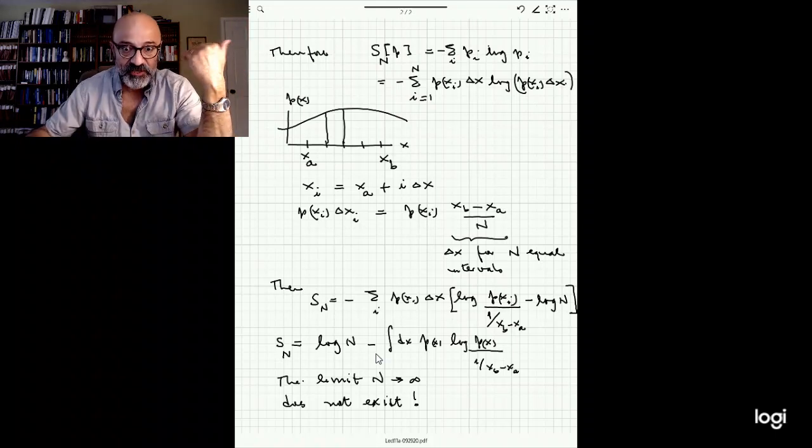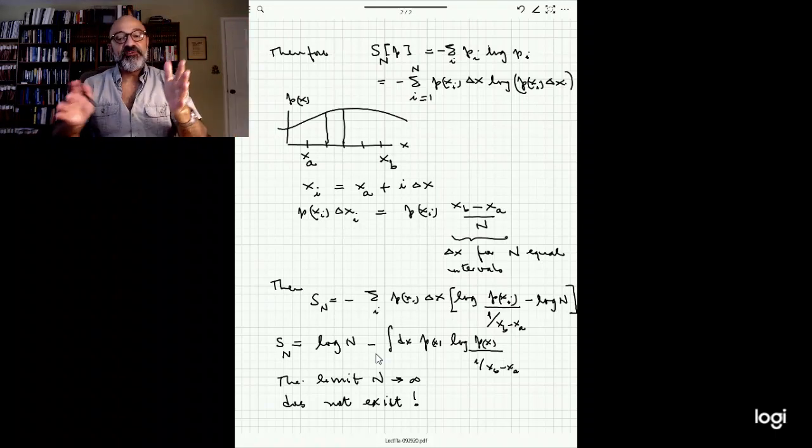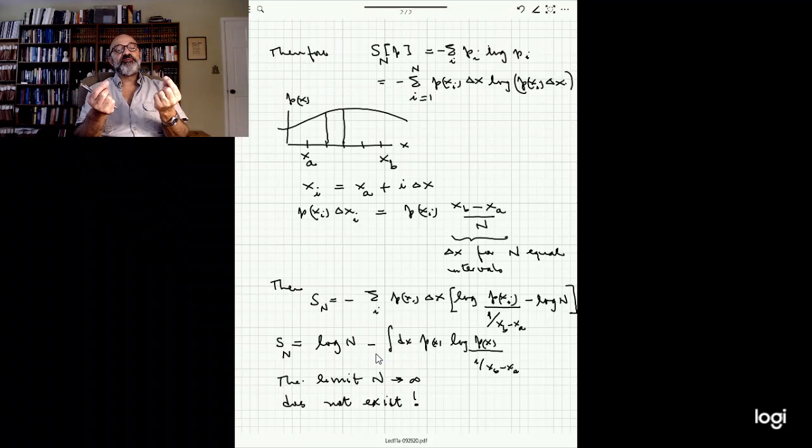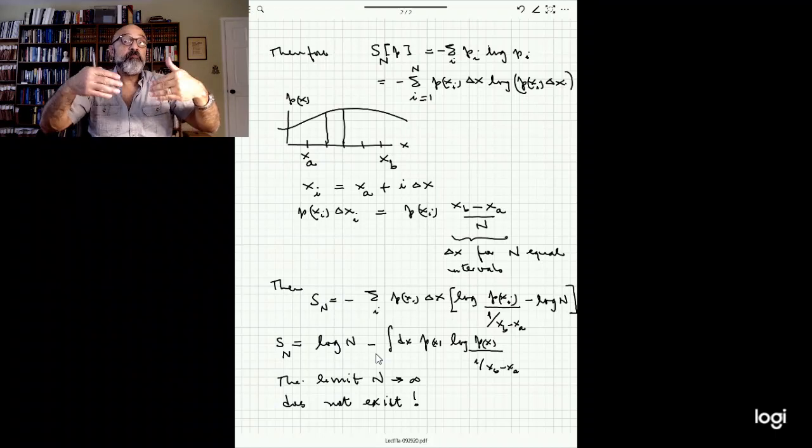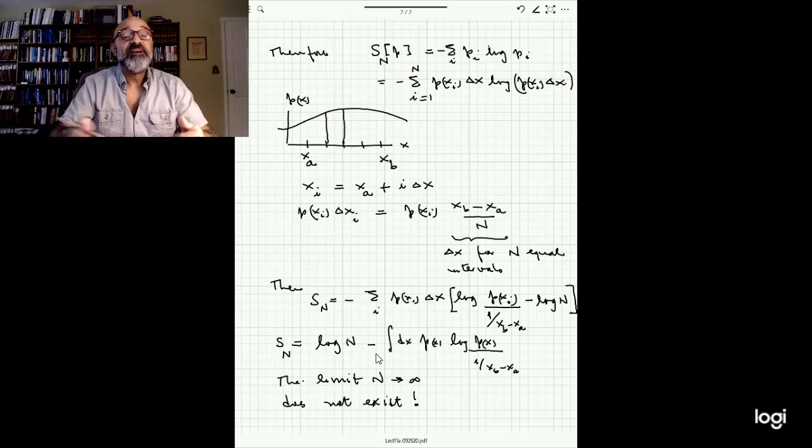Let's continue. We can actually say it differently. In order to pinpoint one alternative in a set of several, you have to provide some information. When you have more alternatives, you have to provide more information, right?